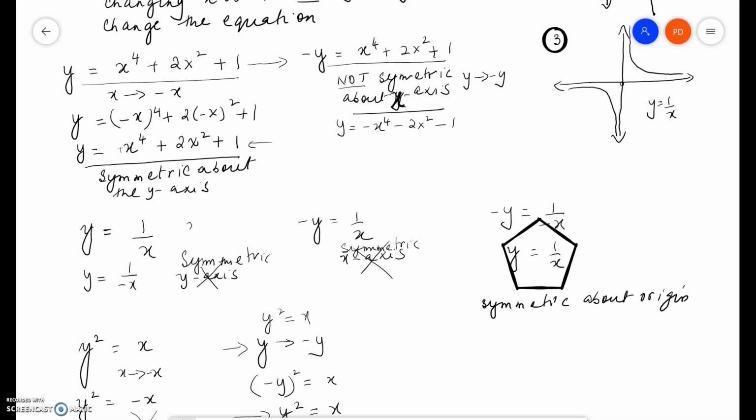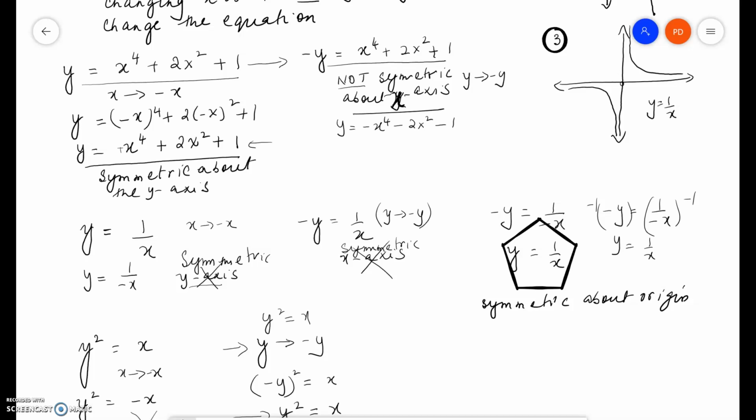So here we changed x to negative x for checking if the graph of this equation would be symmetric about the y-axis. Here we changed y to negative y to check if the graph of this equation is symmetric about the x-axis.